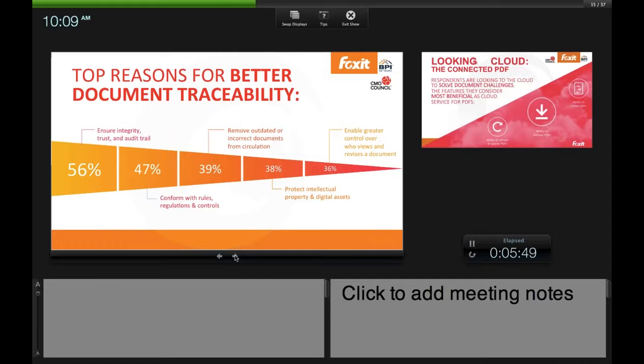Number two, closely related, is the ability to ensure conformity with rules, regulations, and controls. It also addresses the problem of outdated documents in circulation, and the security problem of protecting intellectual property and digital assets. And finally, it just generally provides greater control over who views and revises a document.